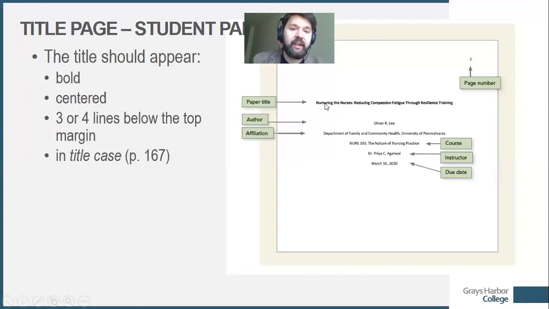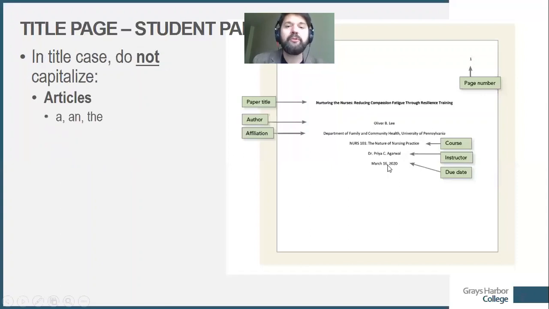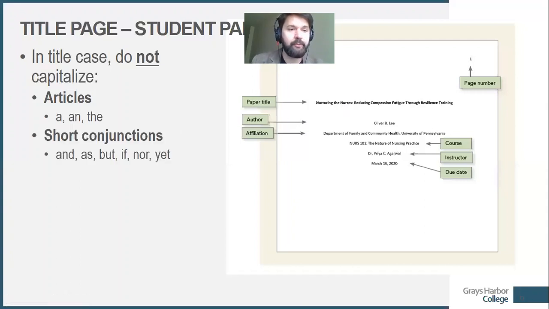Now there's more detail about title case on page 167, but let's take a look at what that means. So in title case, you'll notice with the title here, Nurturing the Nurses, that the word "the" is not capitalized, even though it's part of a title. Everything else is capitalized, though. Looks pretty much like a title, right? So words like articles, a, an, or the, are not going to be capitalized in titles.